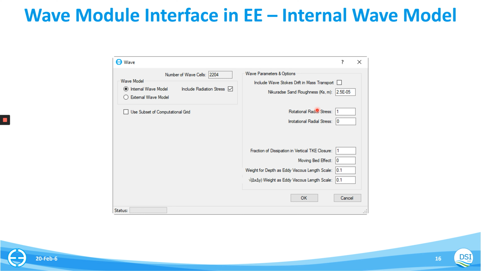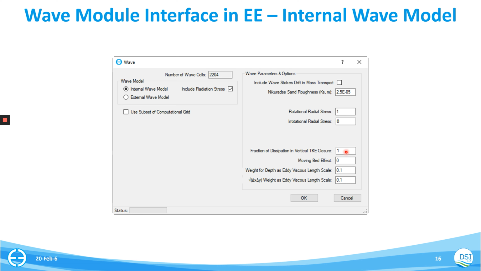So here, these are actually just like an on and off option. So those are not parameter values that users are going to input. Like 1 means that it's going to calculate the radiation stress, and 0 means that it's not going to calculate that stress.